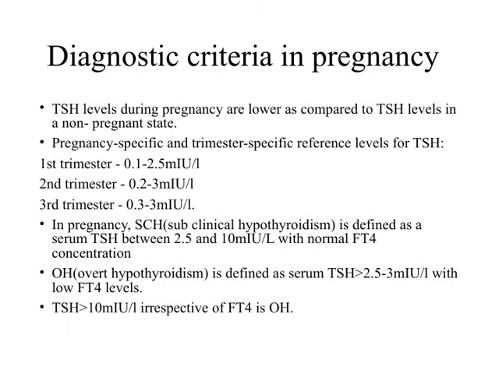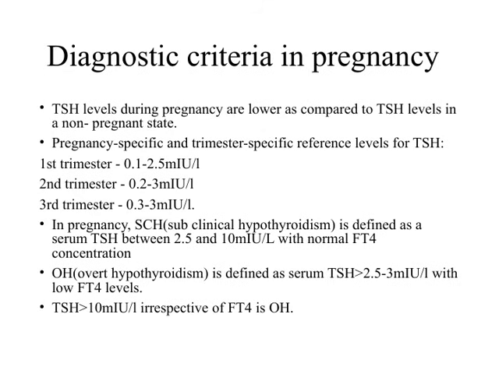Now, when it comes to diagnosing subclinical hypothyroidism, or SCH, we define it as a serum TSH level between 2.5 and 10 mIU per liter, with a normal free T4 concentration. If a woman has a serum TSH above 10 mIU per liter, regardless of her free T4 levels, this indicates overt hypothyroidism, or OH.